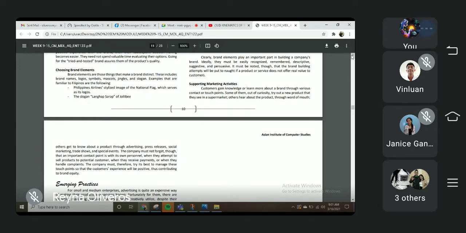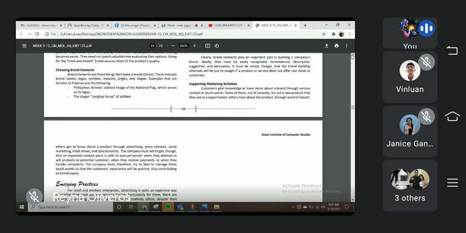Di ba? So every company must not forget that an important contact point is with its own personnel when it comes to attempting to sell their products to the potential consumer. So, napakahalaga na hindi makalimutan ng isang company yung sariling personnel nila, kung sino yung pwedeng mag-promote ng product niya, kung sino yung pwedeng mag-purchase.